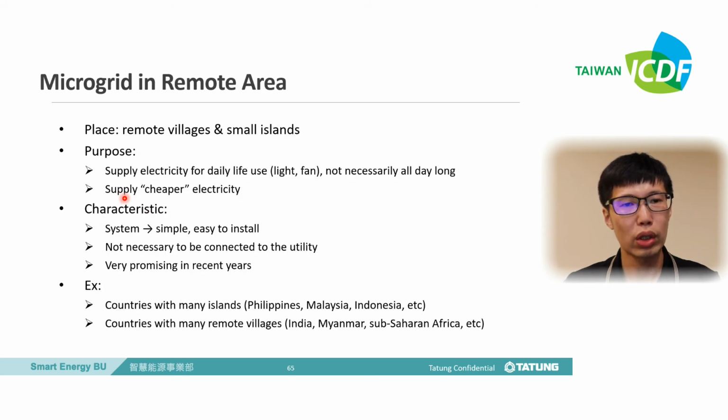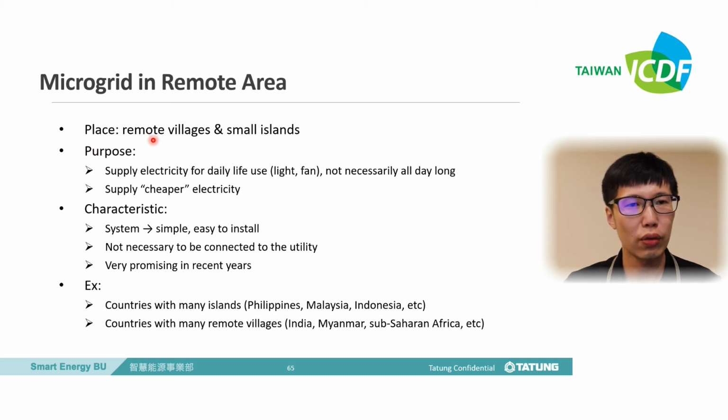And finally, I will introduce the microgrid in remote areas, which is the case in Indonesia. The microgrid in a remote area will be placed in remote villages or small islands.